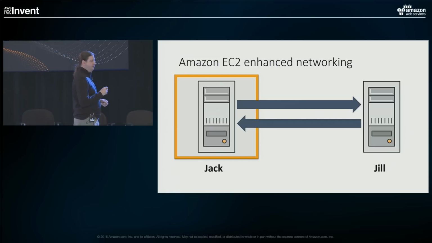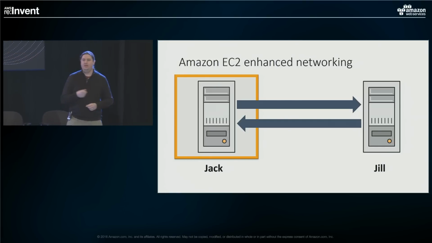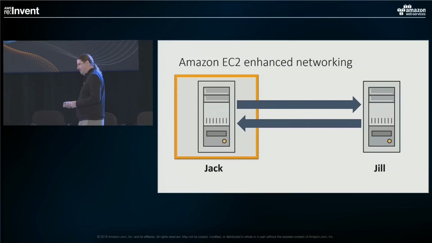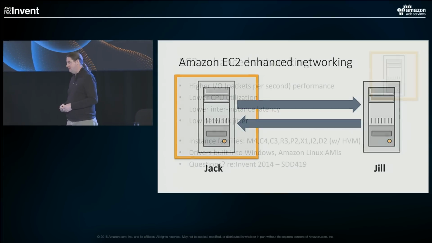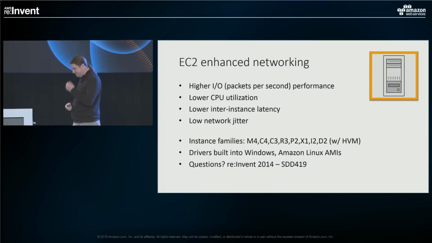When it comes to packet per second performance, one of the really important things when working in a virtualization environment is to eliminate overhead in processing each packet. And so a couple years ago, we launched a feature called enhanced networking, which is available on a lot of the new VPC instance types.